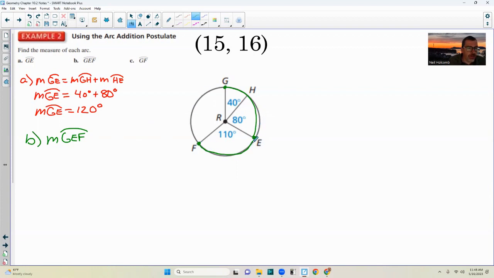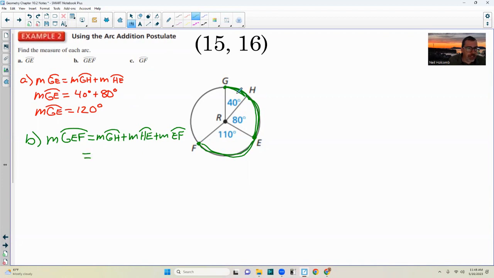Don't go around the other way to E, because you're going through F first. So now this is equal to this piece, the measure of arc GH, plus the measure of arc, this piece, HE, plus the measure of arc EF. Okay, so this major arc was formed by 3 minor arcs.